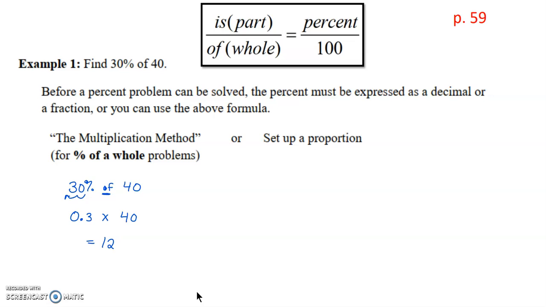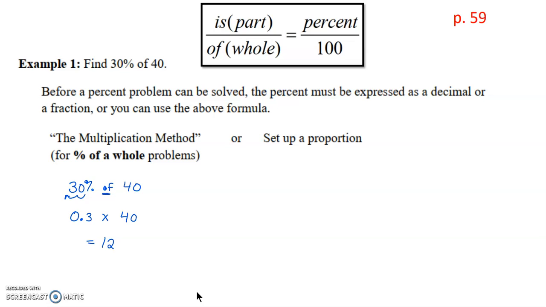And that's just one way we can solve this problem. We could actually do things even differently than this. We could think, well, 10% of 40 is 4, so 20% is 8, and 30% is 12. So there's ways we can come to the answer of 12. And those ways are good, but if we want to use the proportion, we're always going to be able to match things up.